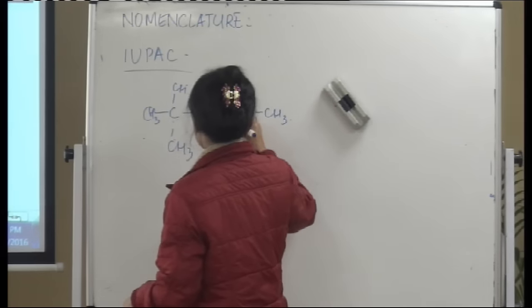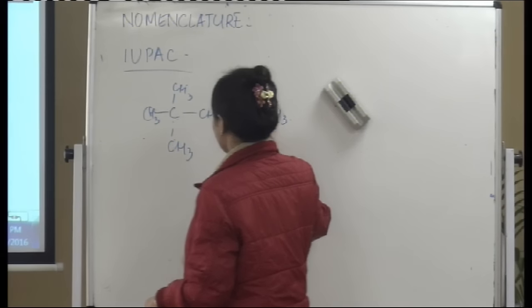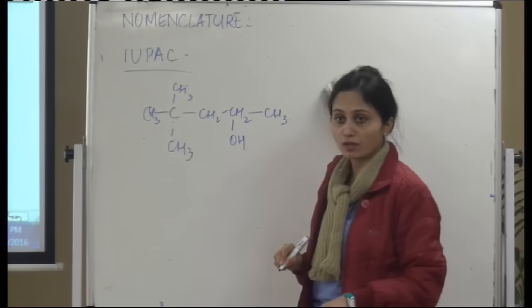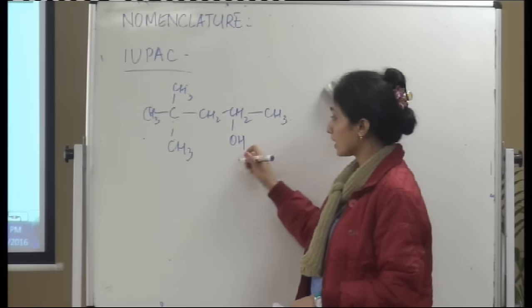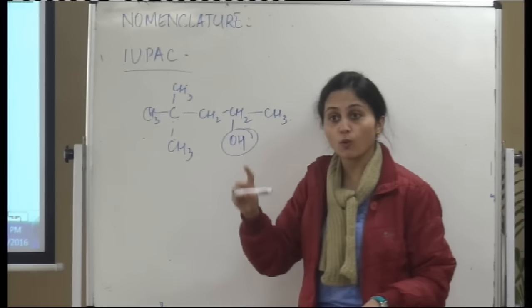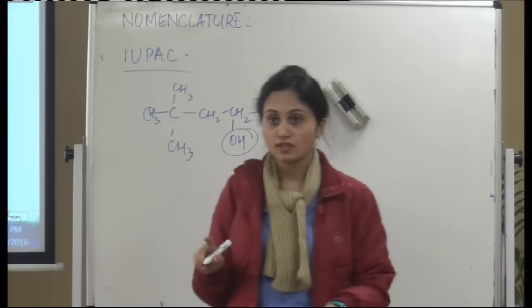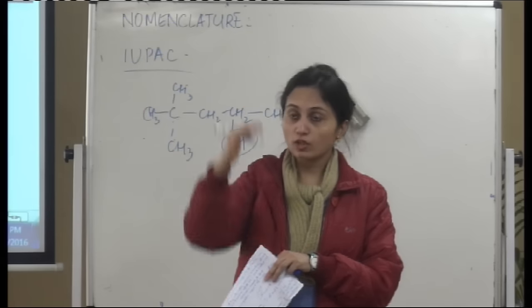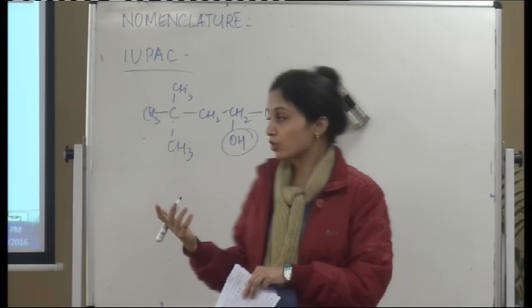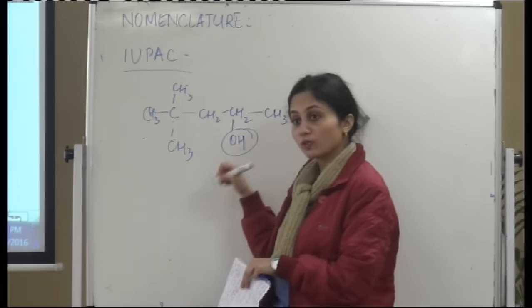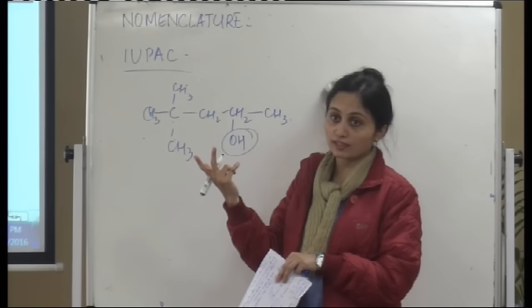Now just in case if you had an OH here, then where will you start the numbering from? Now you will start the numbering from the right, because you have to take care of the priority order of your functional groups. Alcohol in your order of priority is located above your methyl or alkyl groups, so you will give the lower number to the one which has a higher preference.